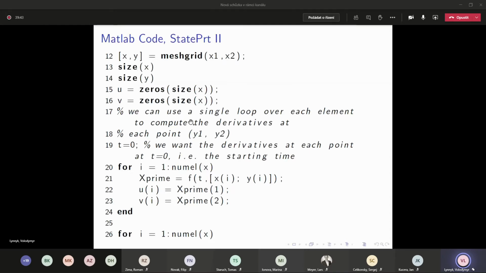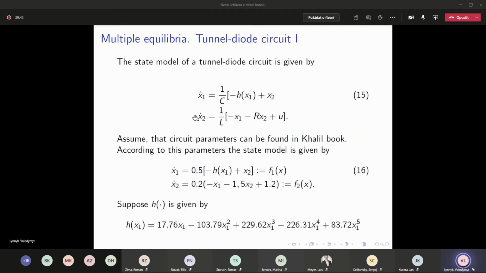Okay, multiple equilibria. For example, this is the next example from the Khalil book. The state model of the tunnel diode circuit is given by the next equations.